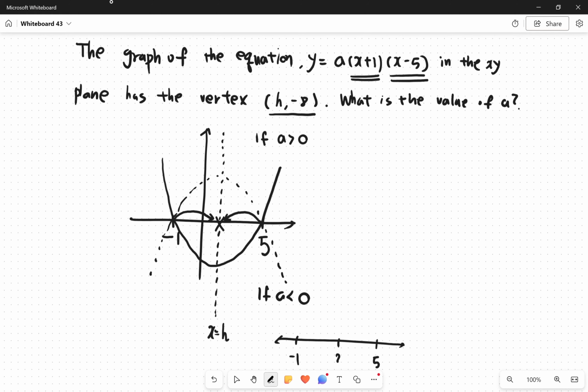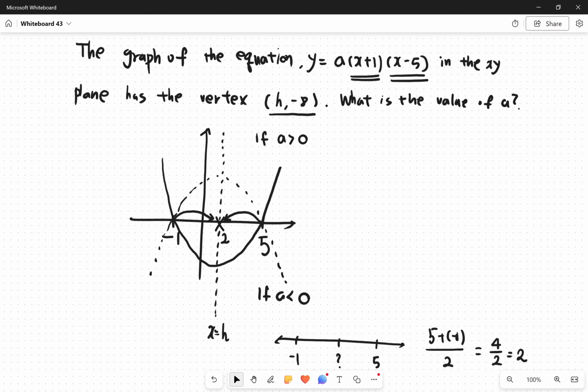The question here is, what is the midpoint? Using the midpoint formula, we add the two values of x and divide by 2. So 5 minus 1 is equal to 4, and if we divide by 2, that is 2. So h is equal to 2.